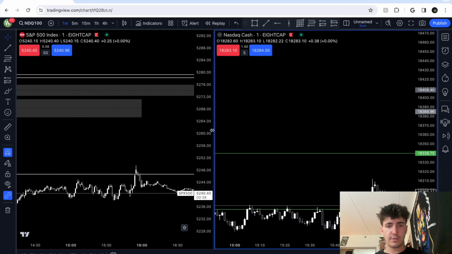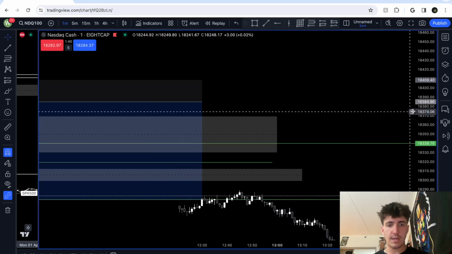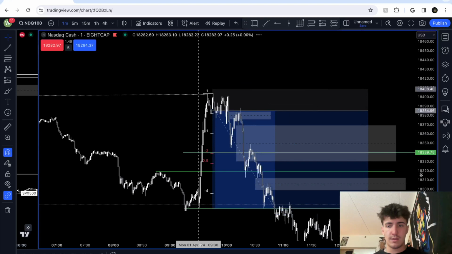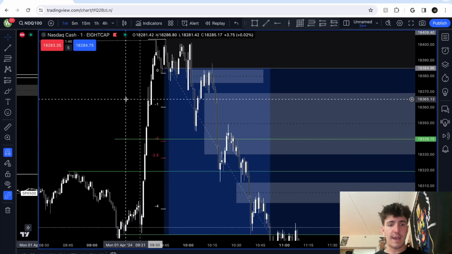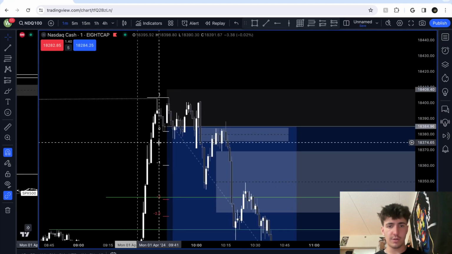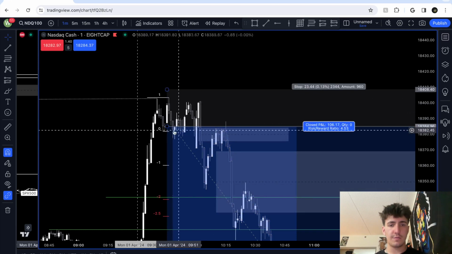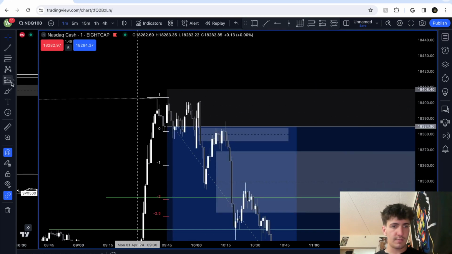So we can full screen NAS now, because now I'm only watching NAS. I know we have the SMT. What I learned recently is that after a big move, you have to wait for market to form structure. What does market do right here? This is the form of structure.